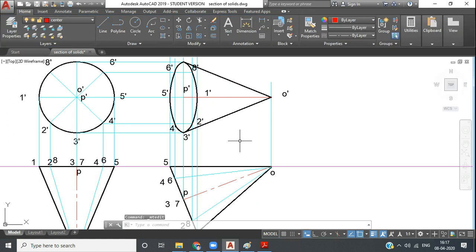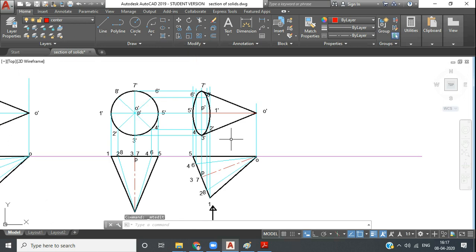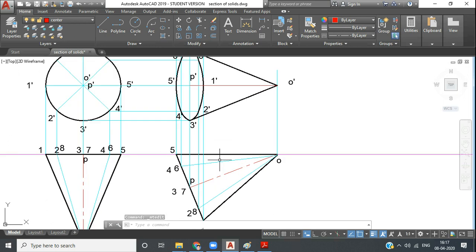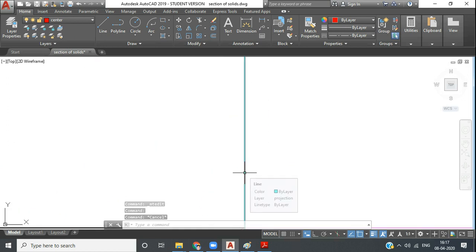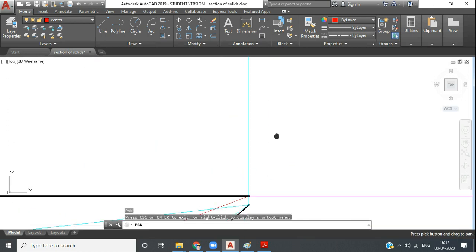As we have seen in yesterday's numerical, see here what I'm getting. See the length of this axis. It is 75 something. It has gone a little ahead because the points are not exact here.